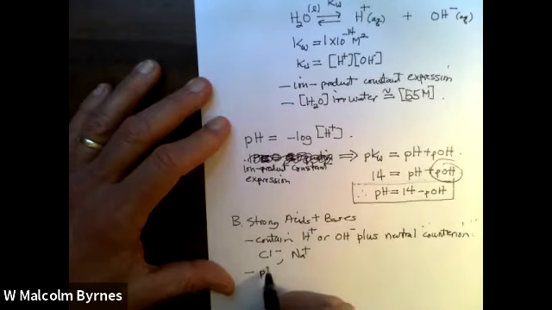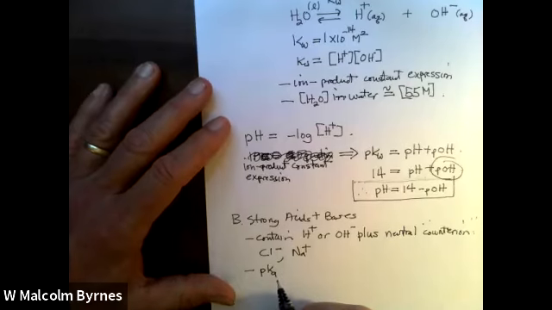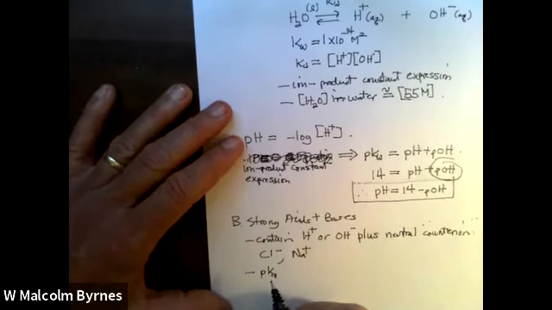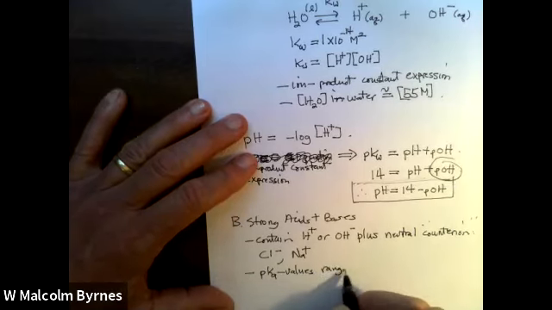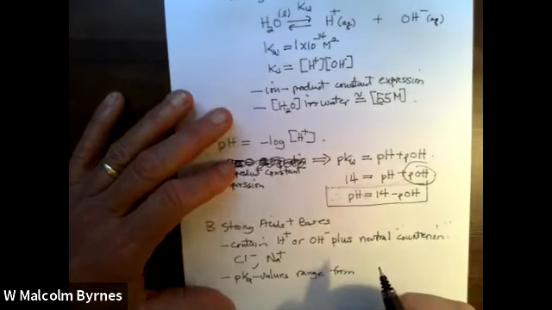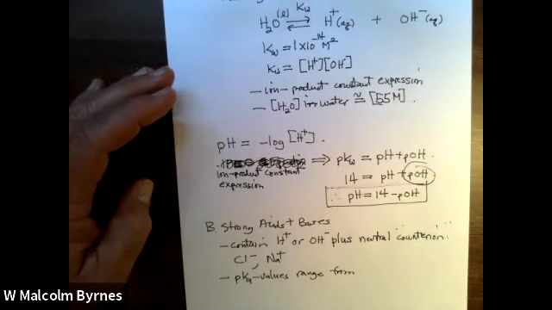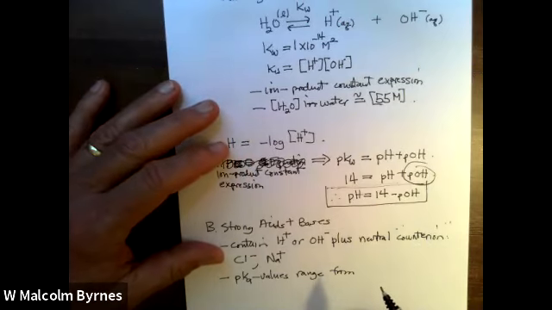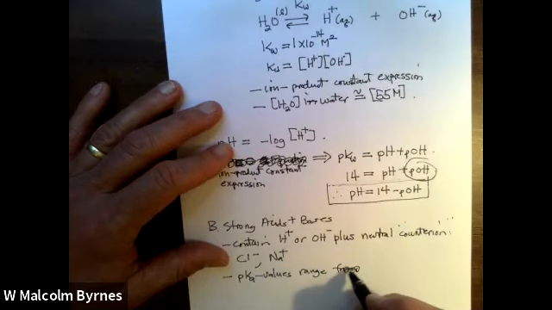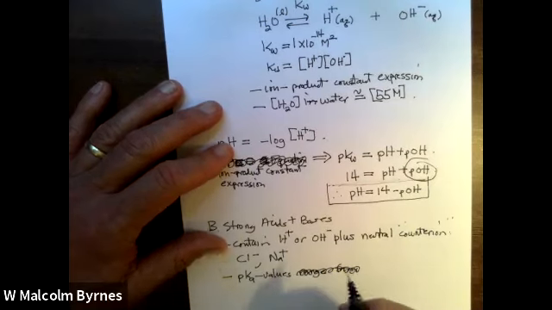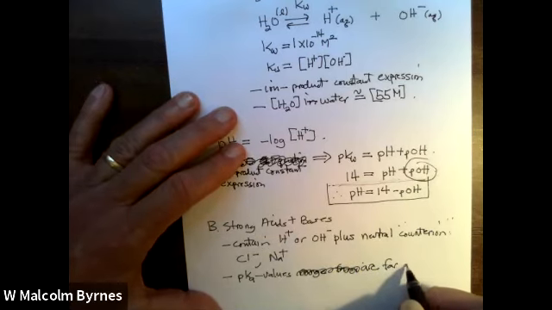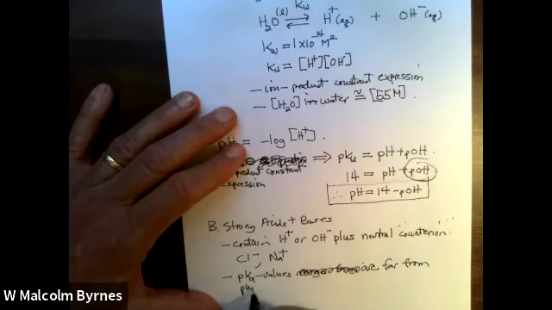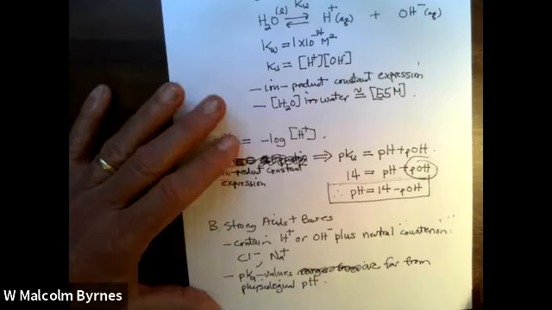And pKa values, which are the negative log of the Ka, the acid dissociation constant. These pKa values for strong acids and bases are far from physiological pH. Right.